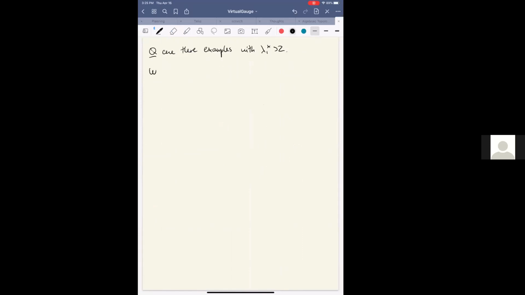So we can obtain information about lambda 1 star using the Selberg trace formula. Okay, let me just write it out for now, and then I'll comment on the significance.